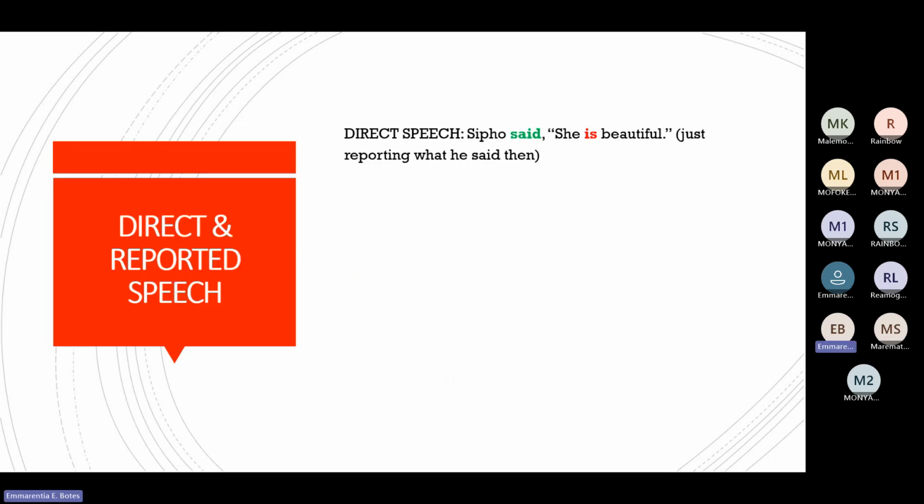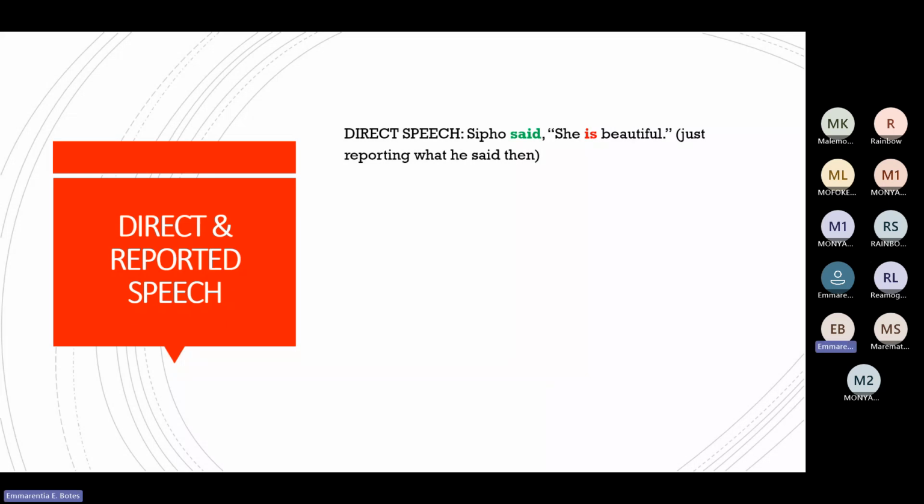I want to show you this example. We've been talking about how to change from the direct to the reported speech, and then also the change of tense. I like to use this sentence because it is different than what we expect, but we can also see what should change.